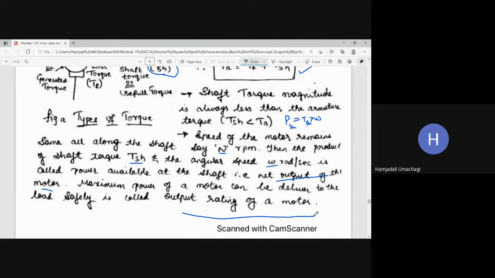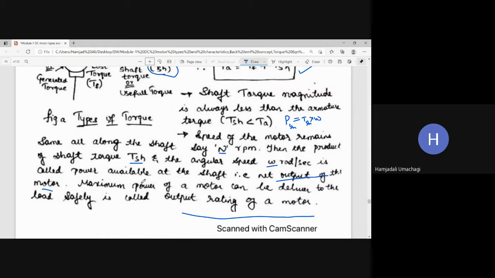If you purchase any electrical motor from the shop, it will have certain specifications, such as how much load it is supporting. That load supporting factor, the output rating, shows how much load it can safely handle.